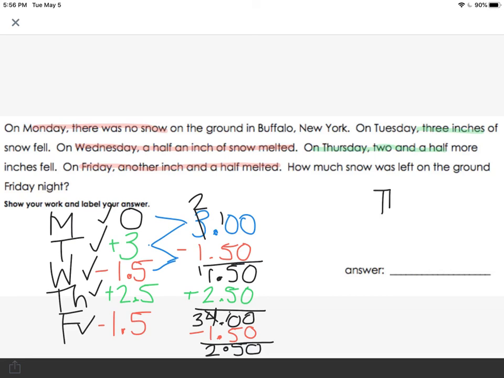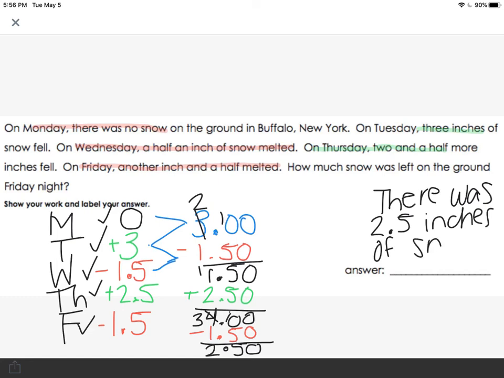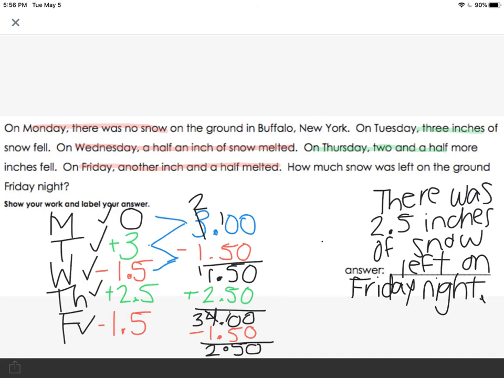So there was 2.5 inches of snow left on Friday night.